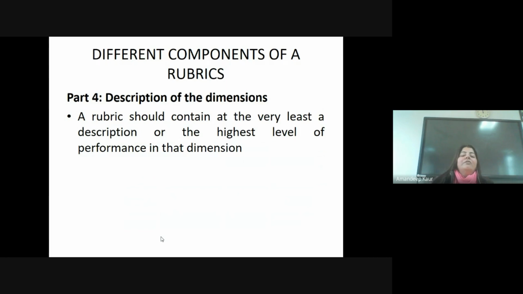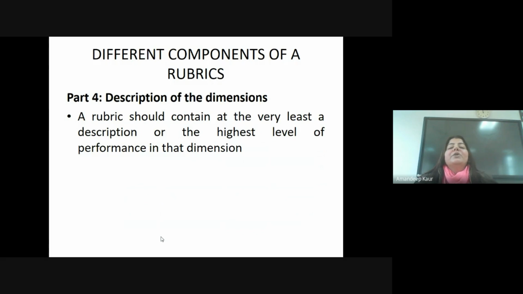The last part of the format of the rubric sheet is the description of the dimension. A rubric should contain at the very least the description of the highest level of performance. If you are going to develop a rubric for the very first time for your class students, always go by the 3-level scale. For that particular 3-level scale, when we are defining the description of the different dimensions, we need to consider that, starting from the excellent level up to the needs improvement level, all kinds of instructions need to be given to the student.